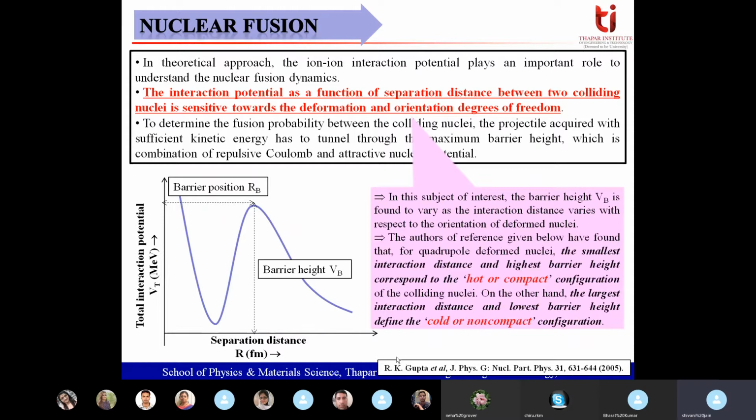Further, the authors of this reference have observed that when the two nuclei are at the smallest interaction distance, they give the highest barrier height. That situation corresponds to the hot or compact configuration of colliding nuclei. On the other hand, when there is the largest interaction distance, that leads to the lowest barrier height, and this situation corresponds to the cold or non-compact configuration.